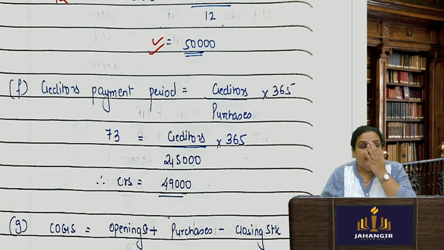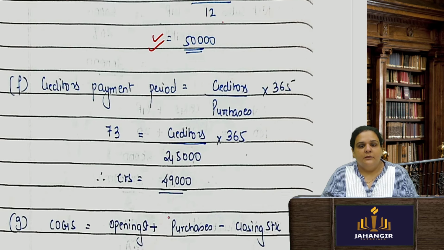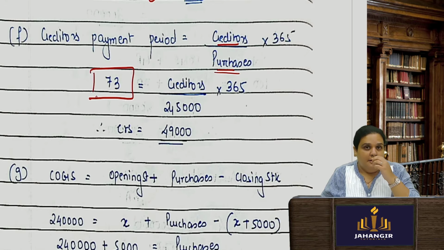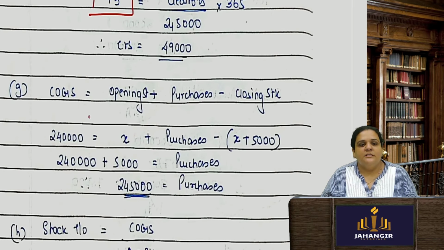Similarly, I will do the creditors payment period. But for creditors payment period, I don't know the creditors and I don't know the purchases also. They have given me 73 days. But what about purchases? We know one formula, no? COGS is opening stock plus purchases minus closing stock. Right? COGS we found out.